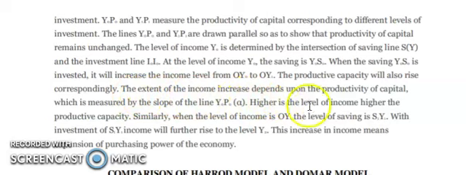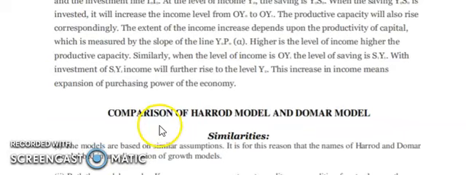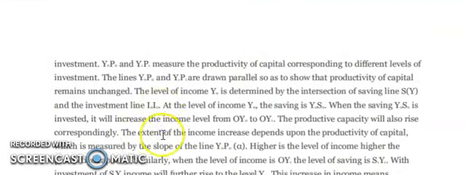The extent of income increase depends upon the productivity of capital, which is measured by the slope of the line Y0P0. The higher the level of income, the higher the productive capacity. Similarly, at the level of income OY1, the level of saving is S1Y1. With investment S1Y1, income will further rise to the level Y2. This increase in income means the expansion of the purchasing power of money.